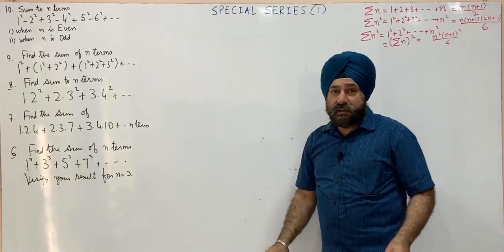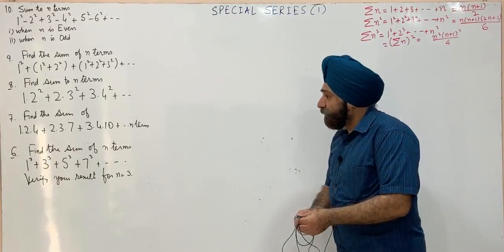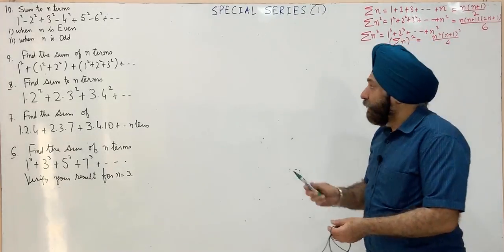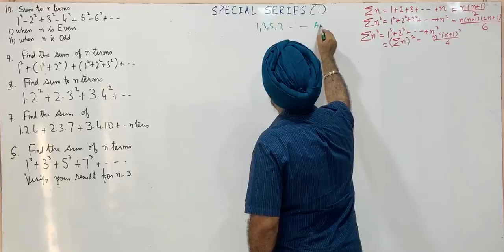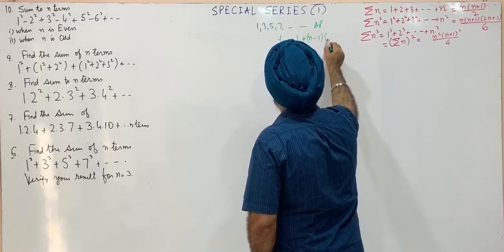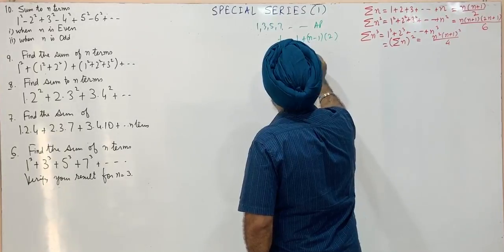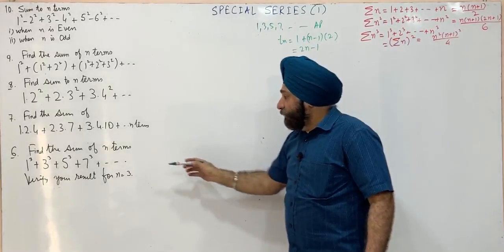We have to identify the pattern. The terms are cubes of 1, 3, 5, 7, and 1, 3, 5, 7, they form an AP with the nth term of a plus n minus 1 into common difference of 2. That's 2n minus 1.